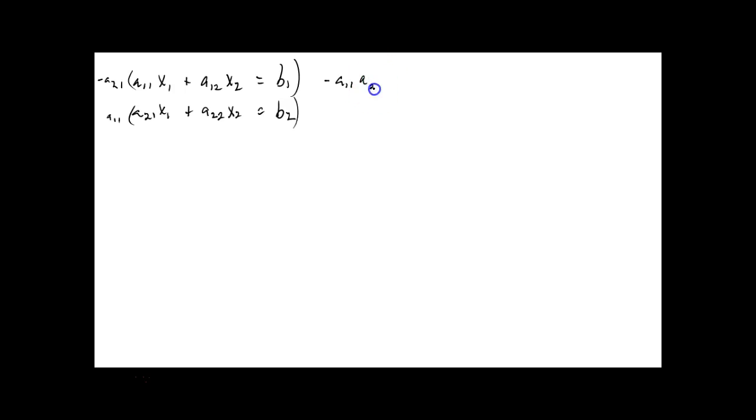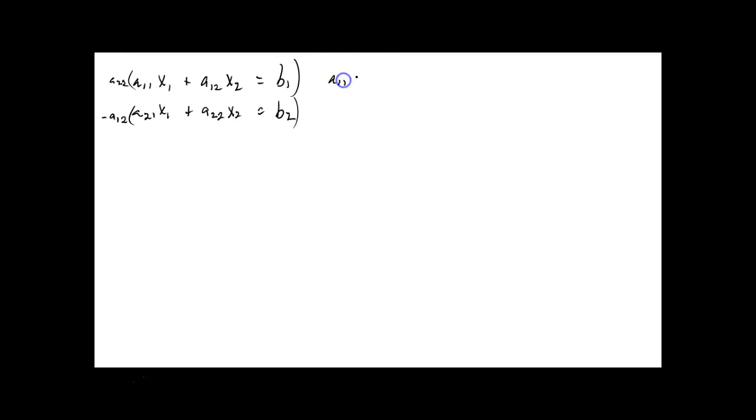Sorry, I just did it backwards. We're solving for x1, so let me erase and start over. I realized I was eliminating the x1. We want to solve for x1, so that means we're eliminating x2. So let's multiply the top equation by A22 and the bottom equation by A12, but we need to make one of those negative, and I believe the A12 is the one we'll make negative.